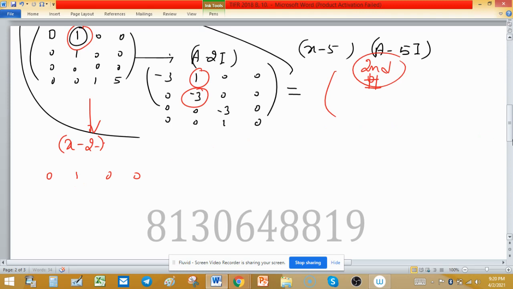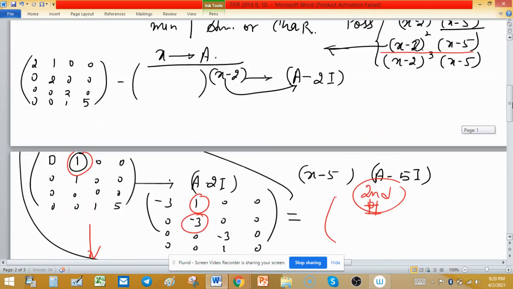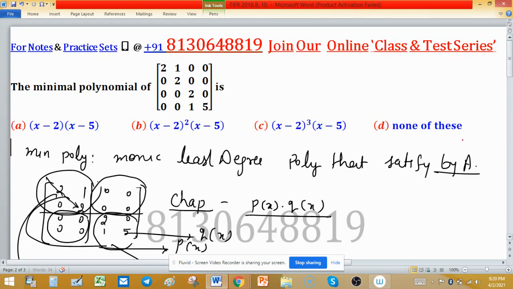So directly you can check this process, or you can find the minimal polynomial by first finding the characteristic polynomial, meaning A minus lambda I, find this determinant equal to 0 and solve. That will be time consuming, because this question is asked in an exam, a time-bound exam.